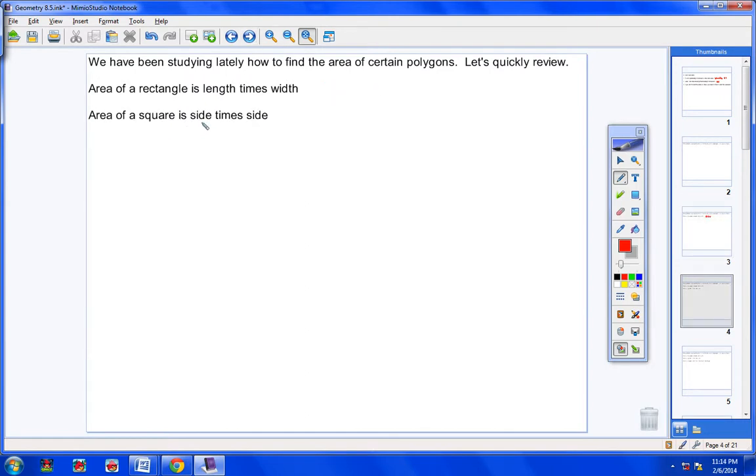Area of a square is side times side. So if you have a square, you take one side times one side, or you could just say side squared if you wanted to. Area of a triangle is 1/2 times the base times the height. And so, of course, it looked like this.